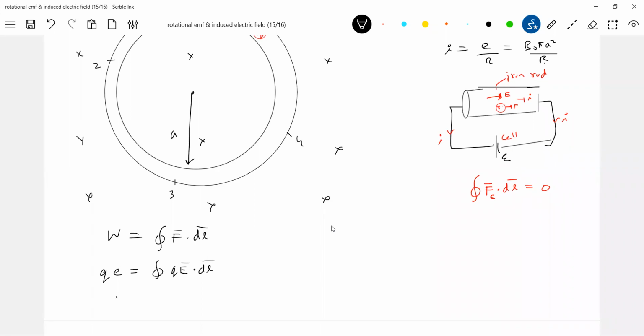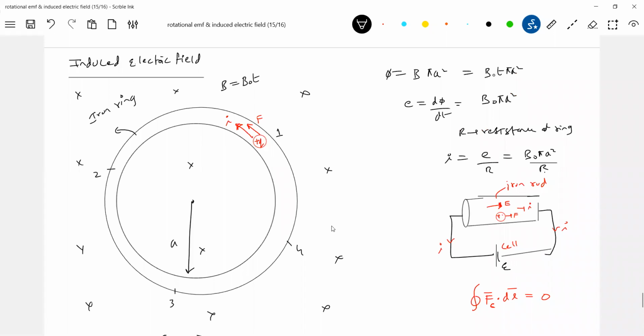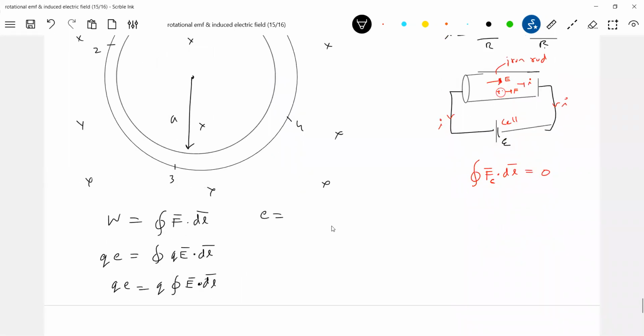Q gets cancelled, or let me take E bar dot dl. So what is E? According to Faraday's law, who is responsible for the EMF induced here? Is it the area of the cross loop varying, or the magnetic field linking the loop varying? The magnetic field linking the loop is varying. So therefore it is equal to the integral of E bar dot dl. What is this? E is equal to dB by dt.